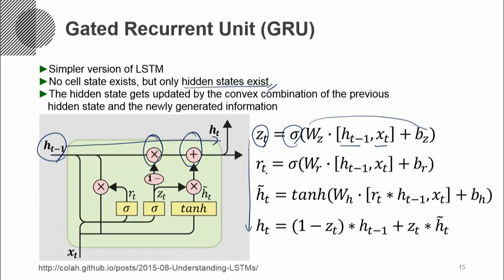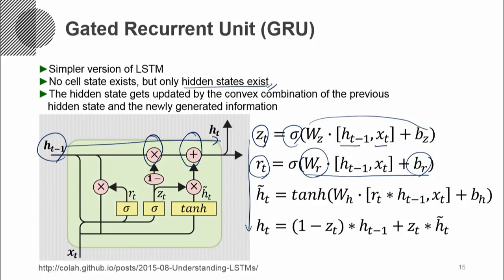We also have another gating information, which we call a reset gate, and it goes through almost the same process with its own linear transformation parameters.